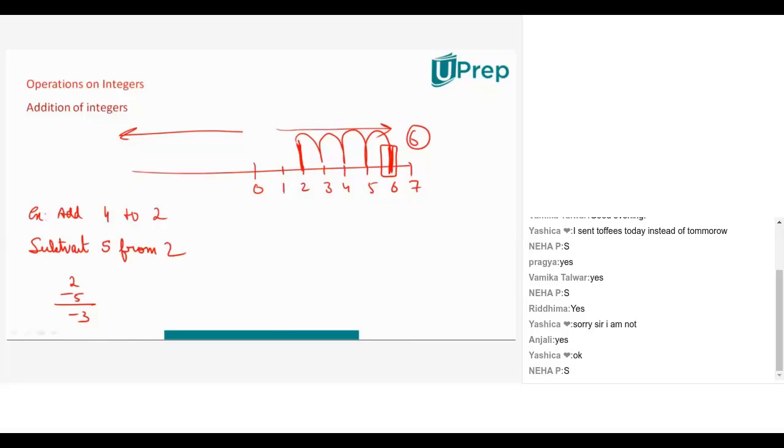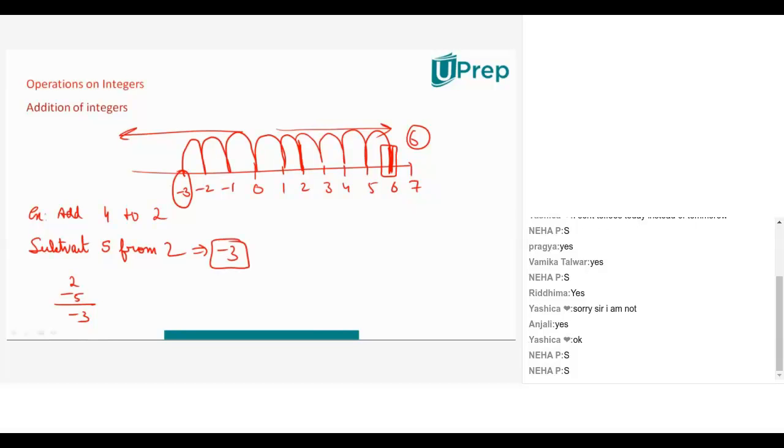What you guys can do is 2 minus 5, you arrive at minus 3. But then how do I imagine that on the number line? If I have 2 and I have to reduce it by 5, I am going to jump 5 steps to the left. 1, 2, 3, 4, 5. So this is minus 1, minus 2, minus 3. Where did I arrive? I arrived at minus 3. Simple, clear?